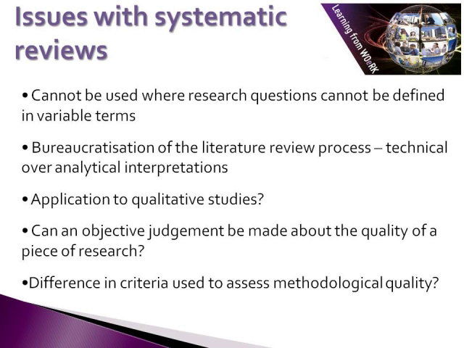There have also been many that have said that systematic reviews actually end up bureaucratizing the literature review process, and you're looking at technicalities over your analytical interpretations. There are also questions about applying systematic reviews to qualitative studies, and of course whether we really can make objective judgments about the quality of a piece of research, and can we do that through systematic review.